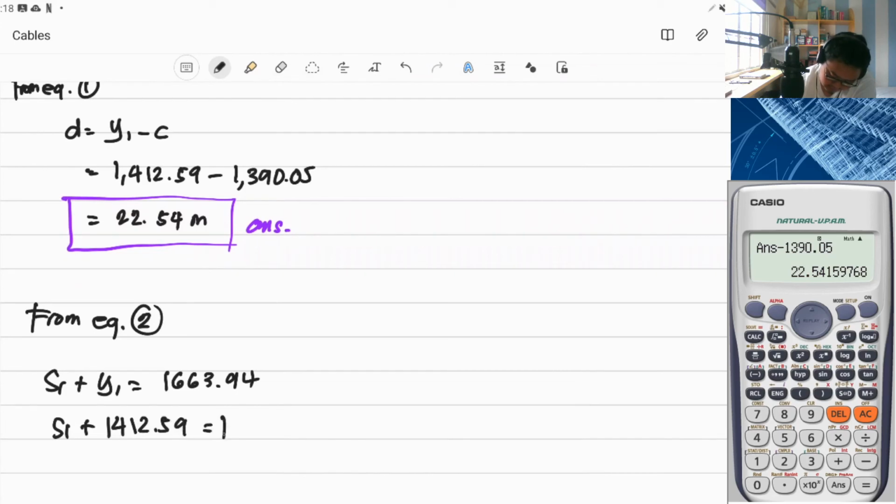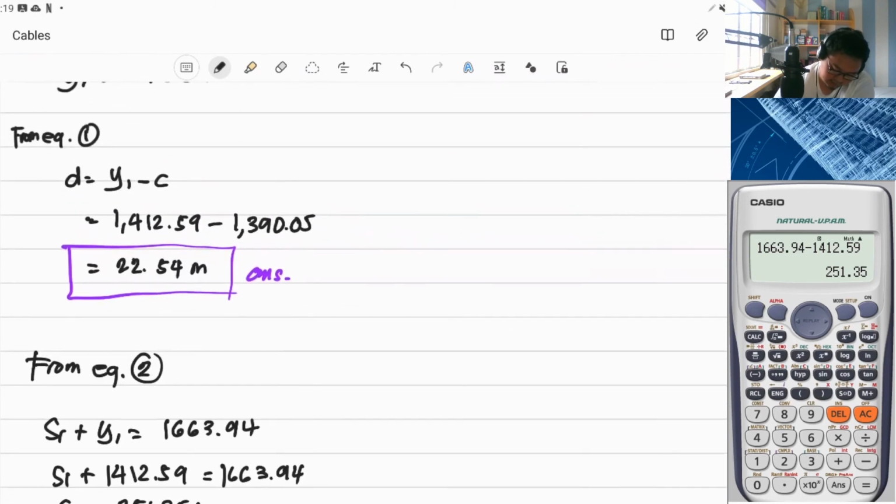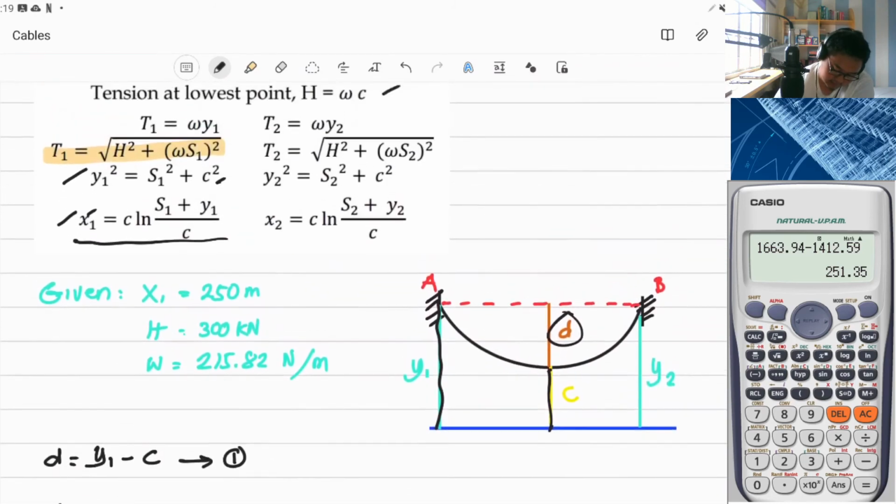So S1 equals 1663.94 minus 1412.59, which is 251.35 meters.